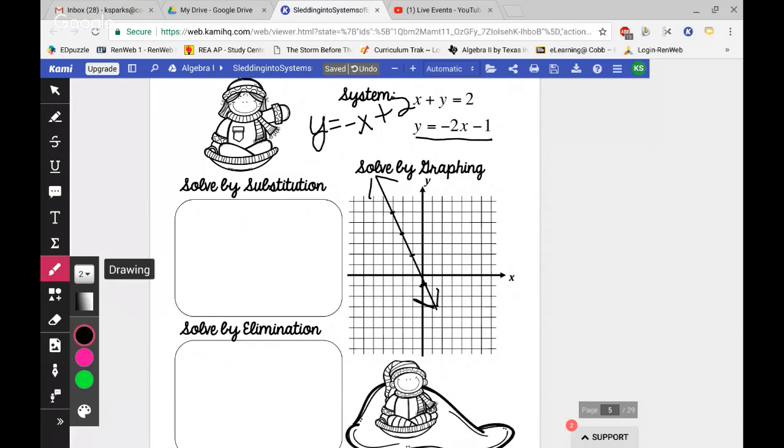On this one right here, what's my y-intercept? Positive 2. Correct. Good job. What's my slope? Negative x. Yeah, -1. It's just the coefficient on the x that's the slope. So m actually equals -1. So if I go in one positive direction, I have to go in one negative direction.